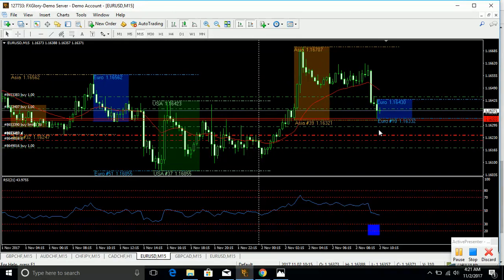Or better yet, at the beginning of each session, any pair that is trading near the previous day's high or low, focus on that pair.